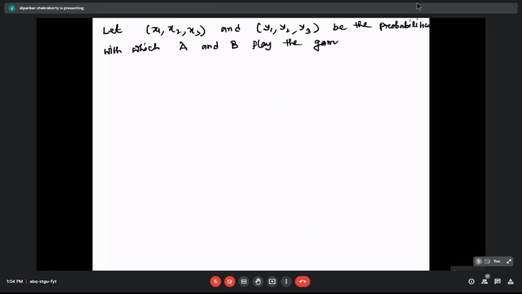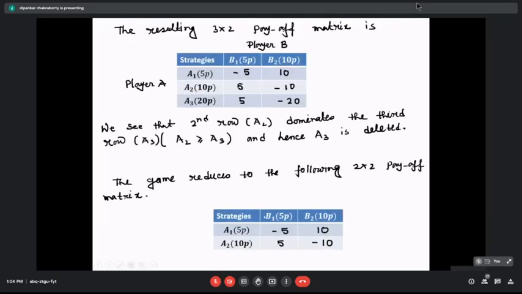So here you can see that only A1, A2 and B1, B2 are left for player A and player B, right? This is for player B, this for player A. So only X1, X2 and Y1, Y2 will be there, because X3 and Y3 you have automatically deleted, so this part is automatically 0.